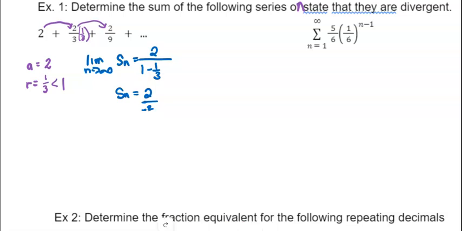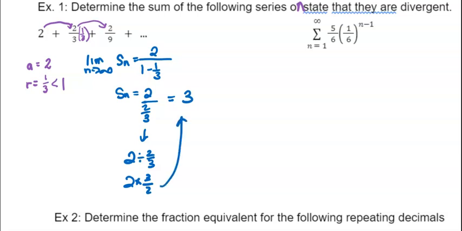That's 2 divided by 2/3, which is 3. If I were to write that out, that's 2 divided by 2/3, or 2 times 3/2. Okay, so that's how I get my 3. All right, let's try another one.